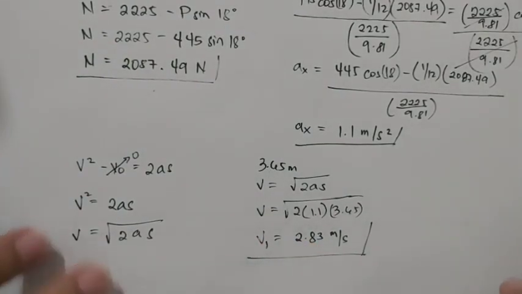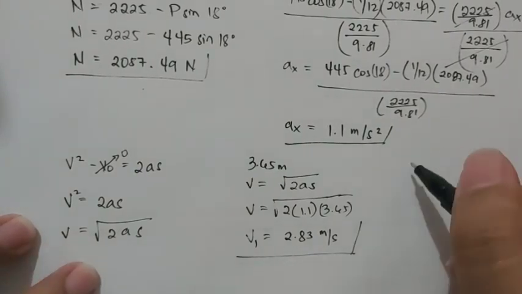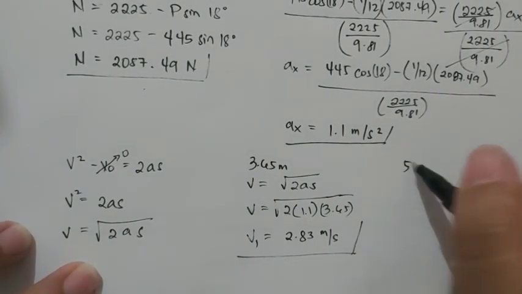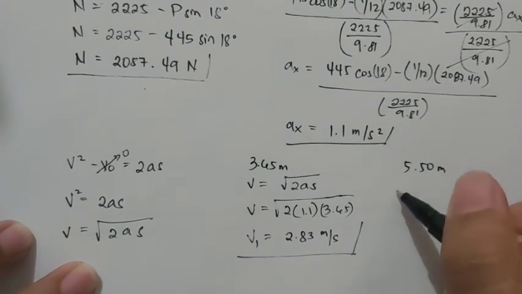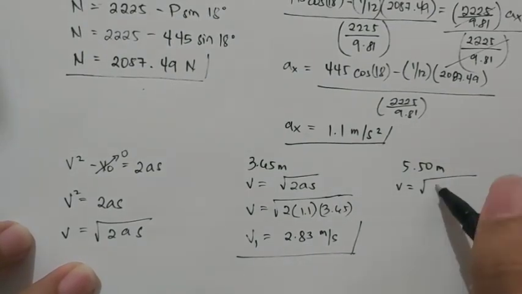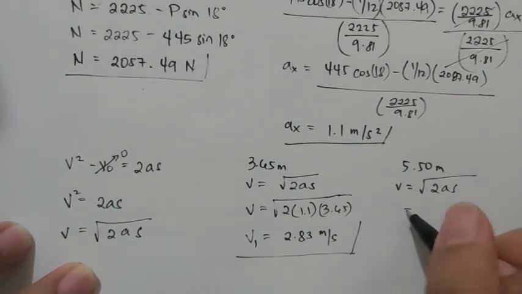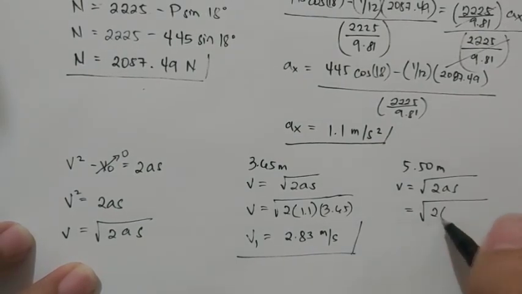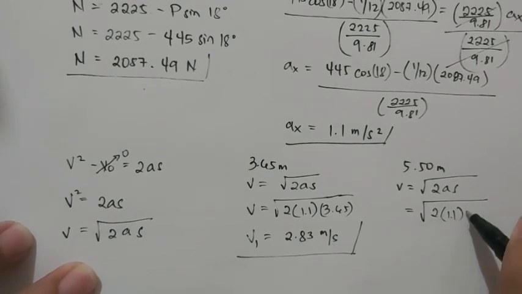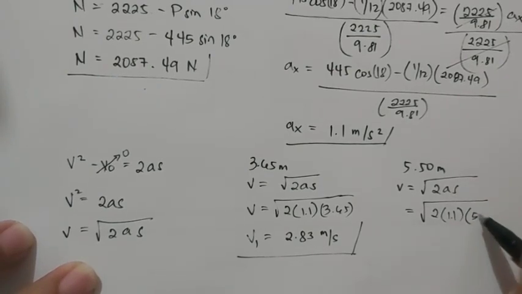For the velocity 2, for the first 5.50 meters, we have v is equal to, again, the square root of 2 times acceleration times distance, which is 2 times 1.1 times the distance of 5.50.